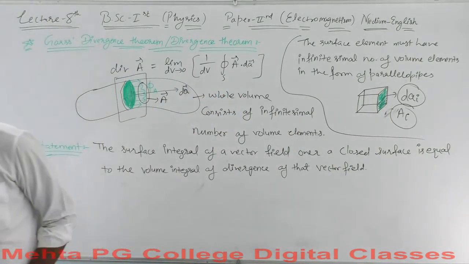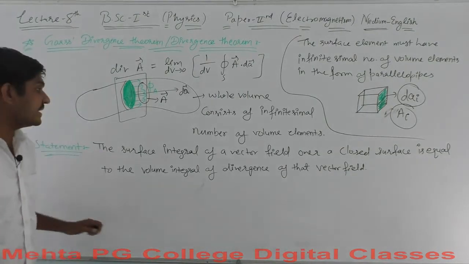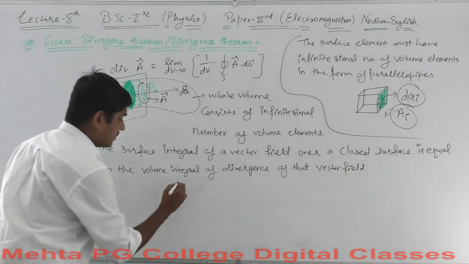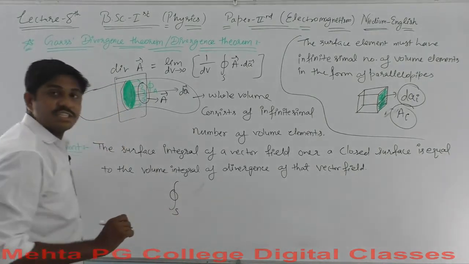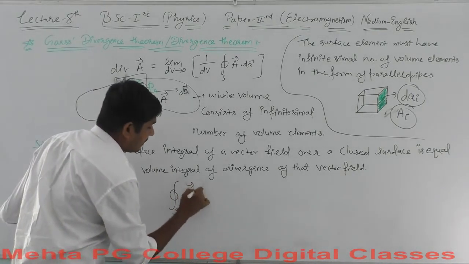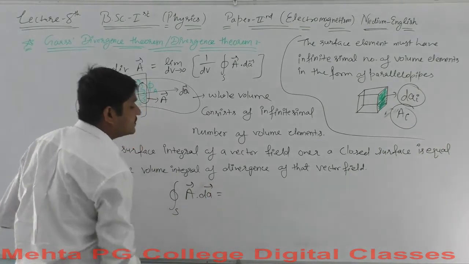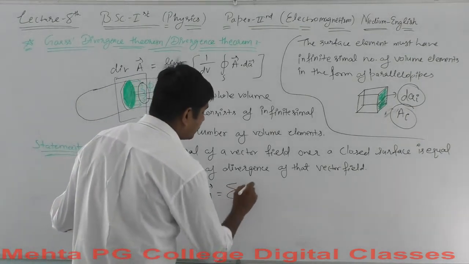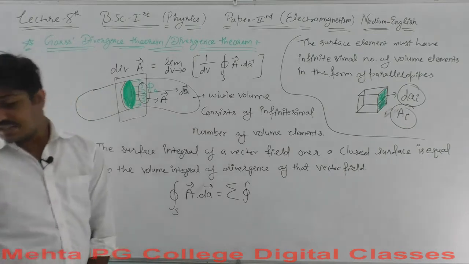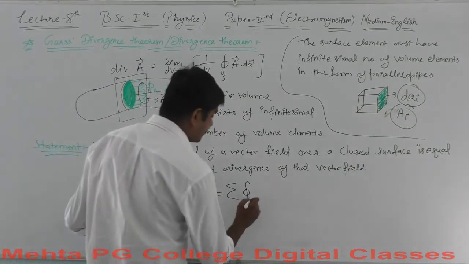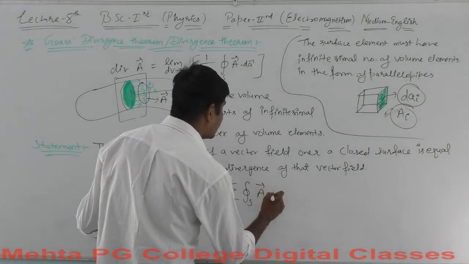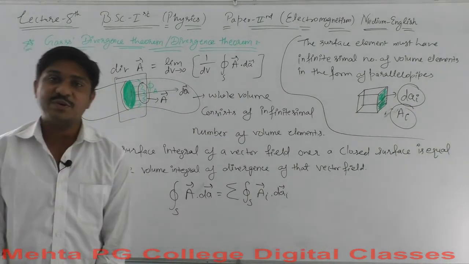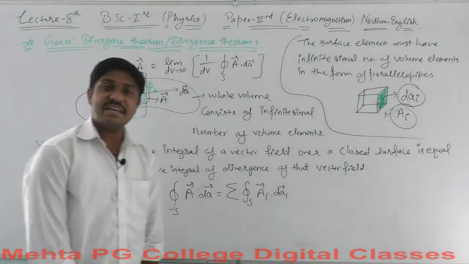So how can it be written? Mathematically, you can say: the closed surface integral of A vector dot dA vector is equal to the summation of the closed surface integrals for all those infinitesimal elements, Ai dot dAi.